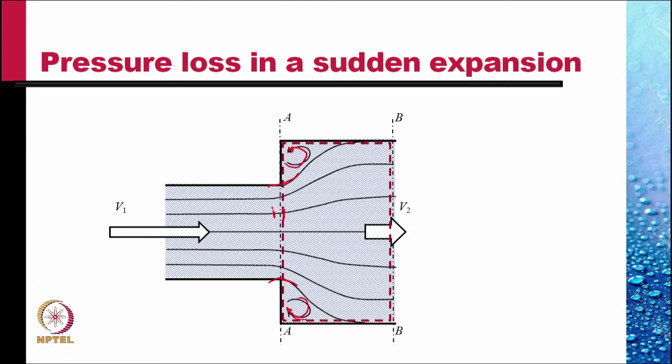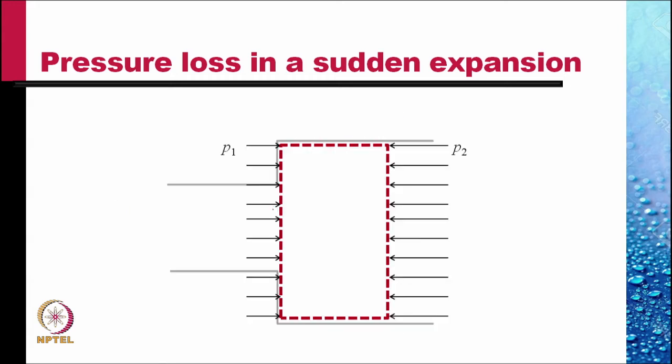Let's take a control volume like this. We draw the picture of this control volume and the forces. Because the velocity does not change at location A, the pressure all across section AA would be P1, and all across section BB would be P2.